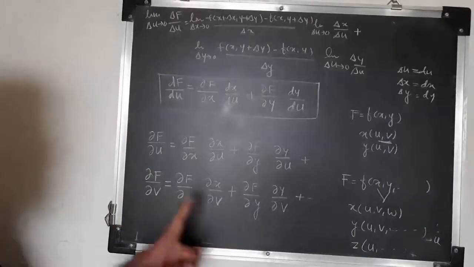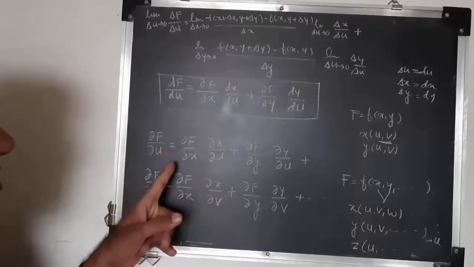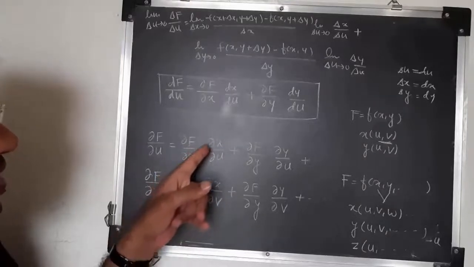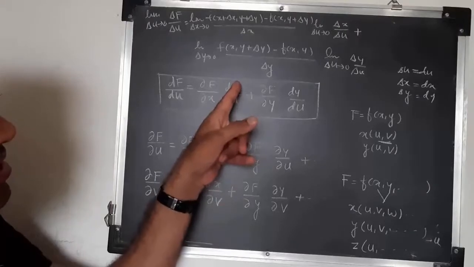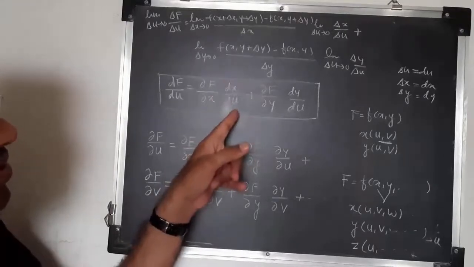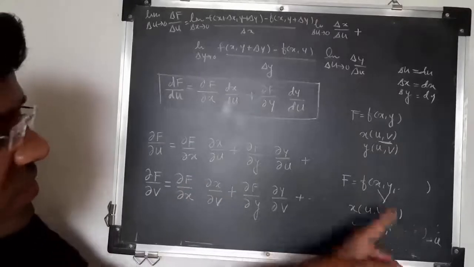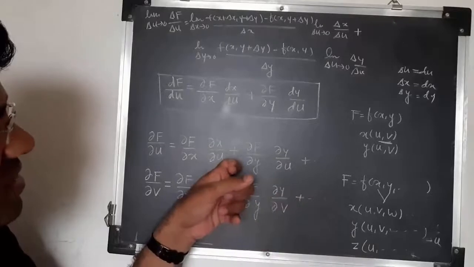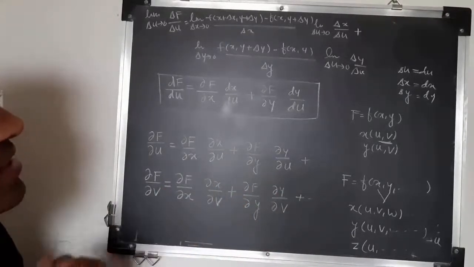In that case you have to follow this continuous partial differentiation, with differentiation with respect to u. Here u depends on more than one variable, so in that case you have to follow this particular case.